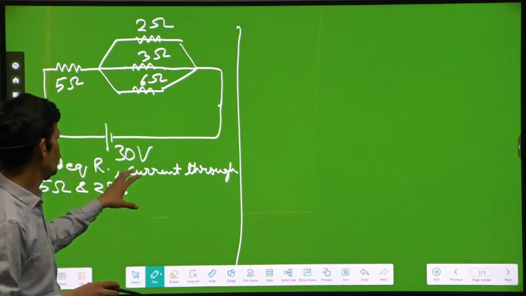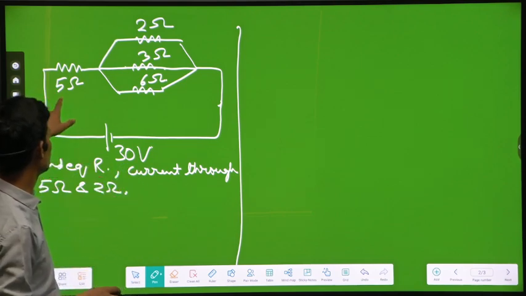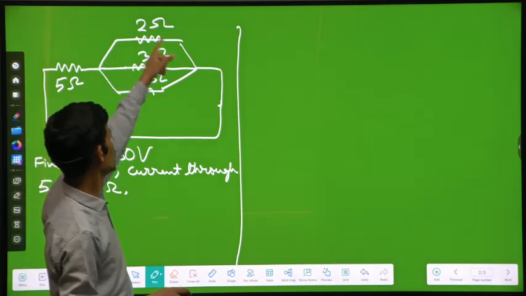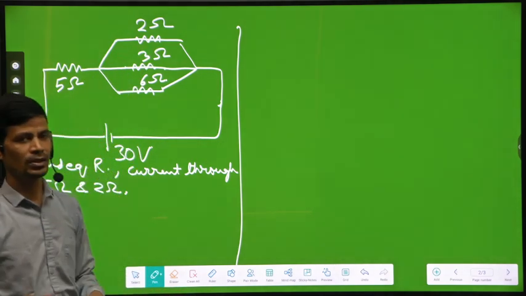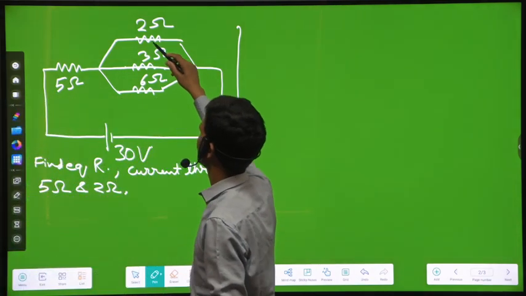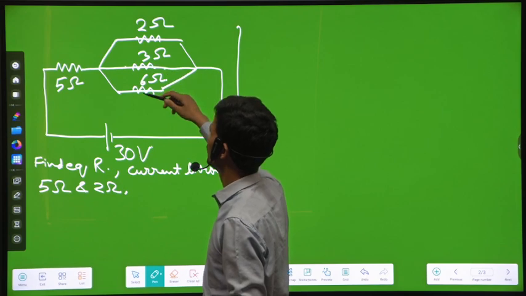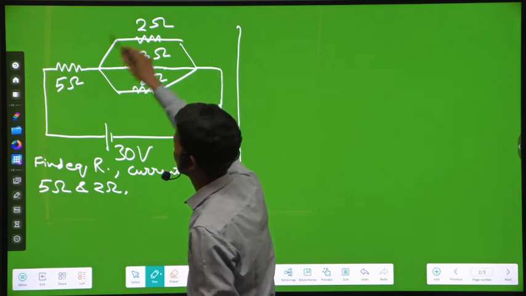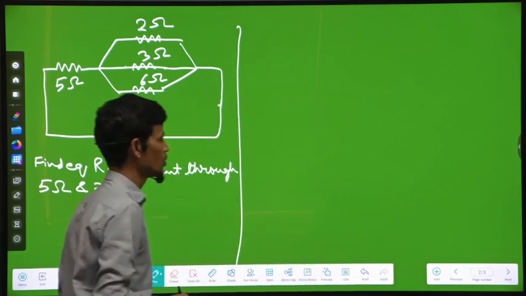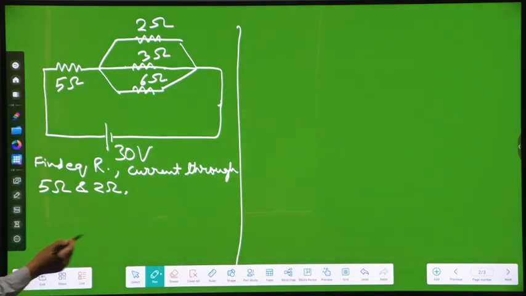Some of this 30 volt has been given to this 5 ohm and the rest to this entire parallel combination. However, whatever the potential difference across this will be the same across this, and the same across the entire combination. All right, so now step 1.